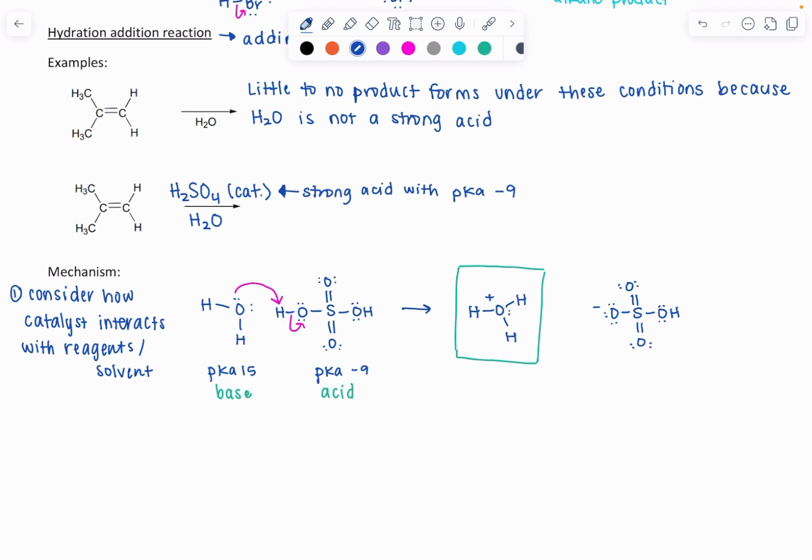Its pKa is -1.7. This is what we'll use in the mechanism. So we will have both water and hydronium as part of the mechanism for the addition reaction.